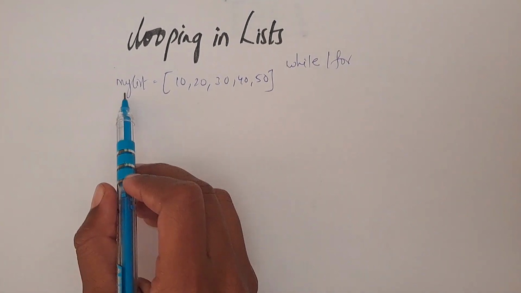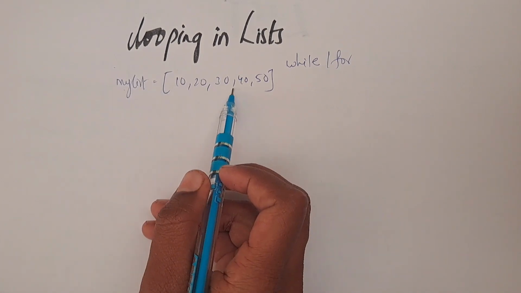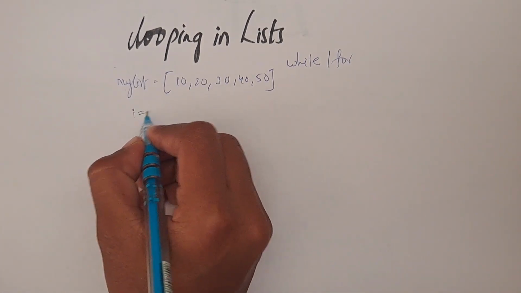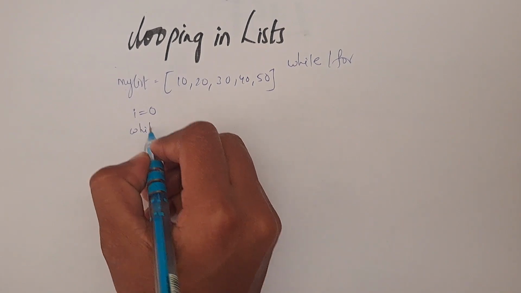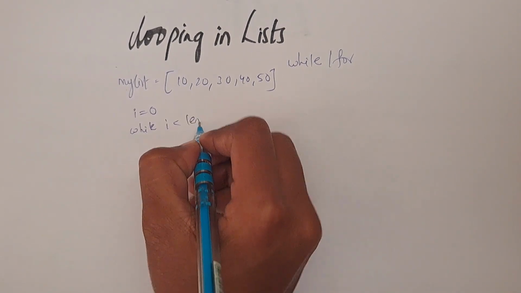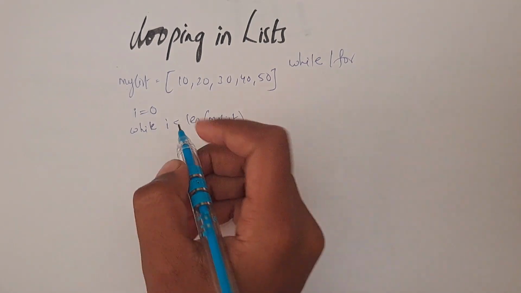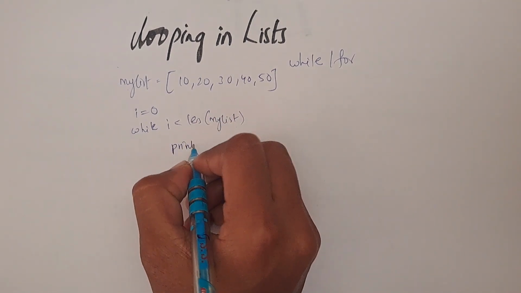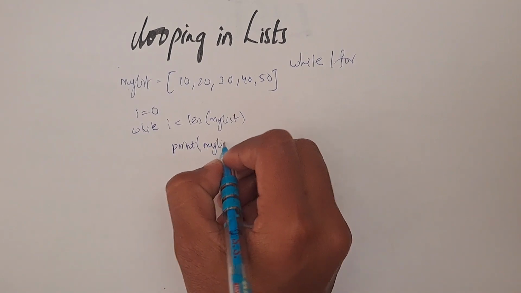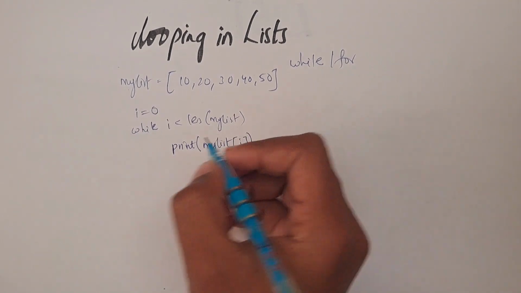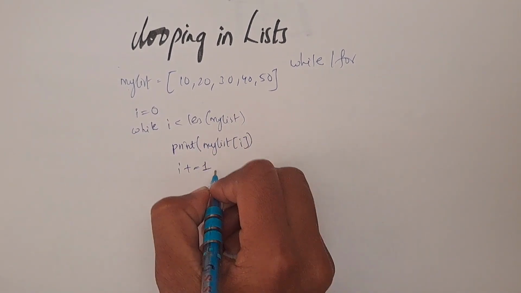So for example, I am taking this list and considering i equals 0, while i is less than length of my list, that is the length function of my list, and print my list of i, and i plus equals 1.